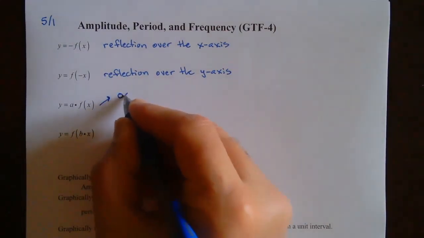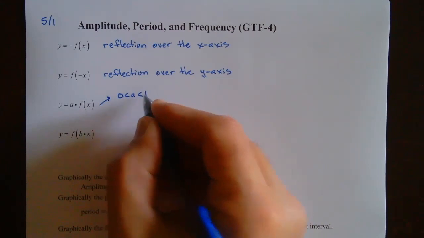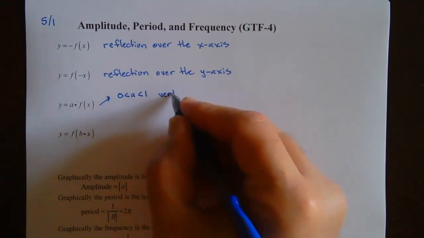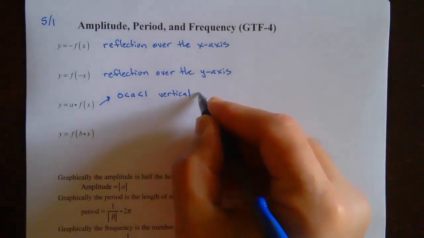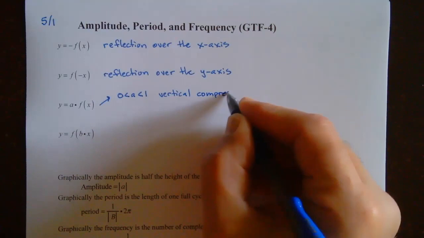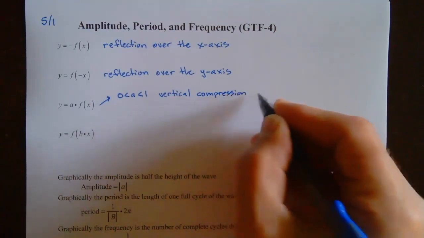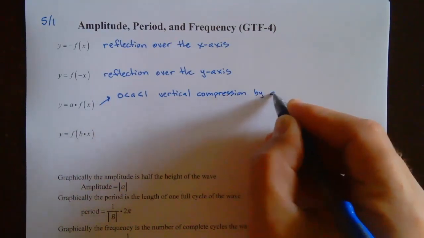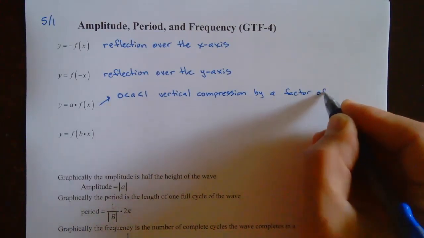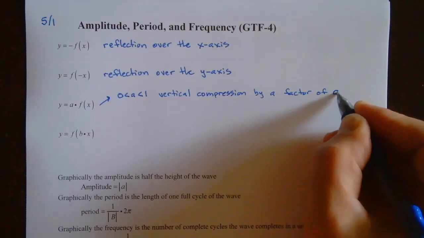If 0 is less than a is less than 1, then that's a vertical compression or shrink, some people call it a shrink, by a factor of a.